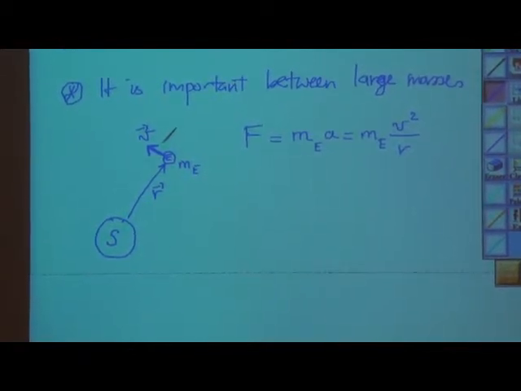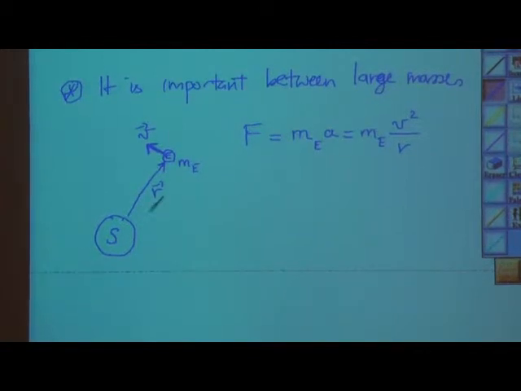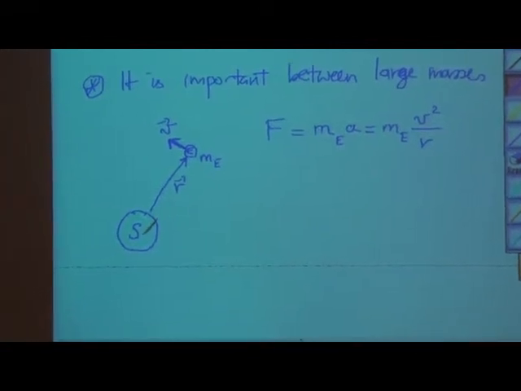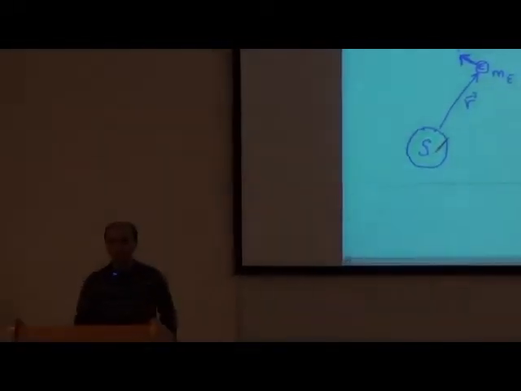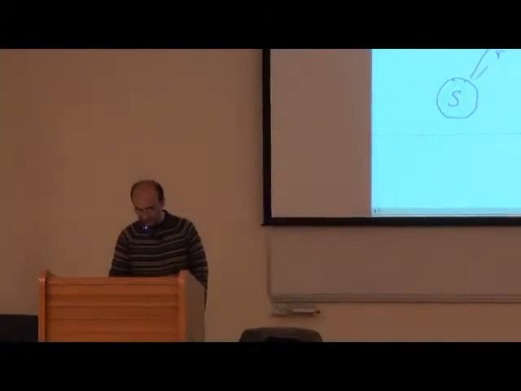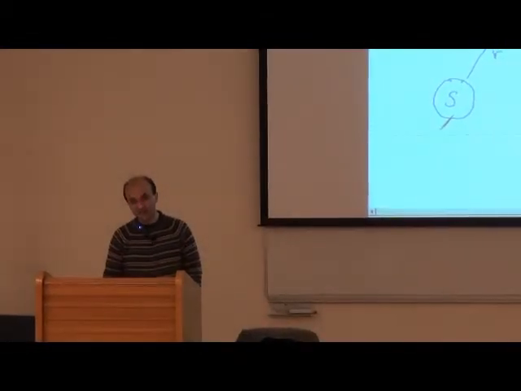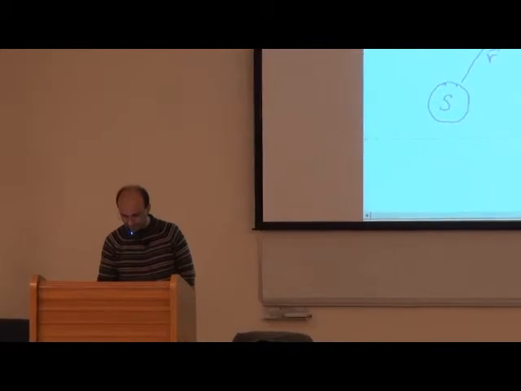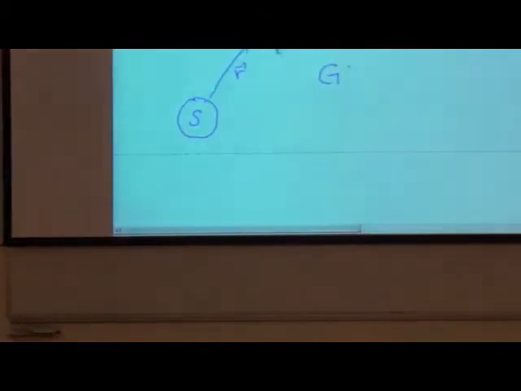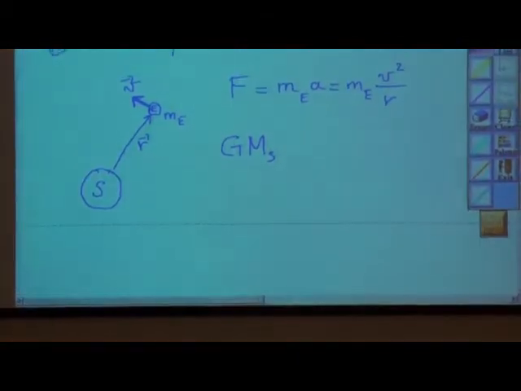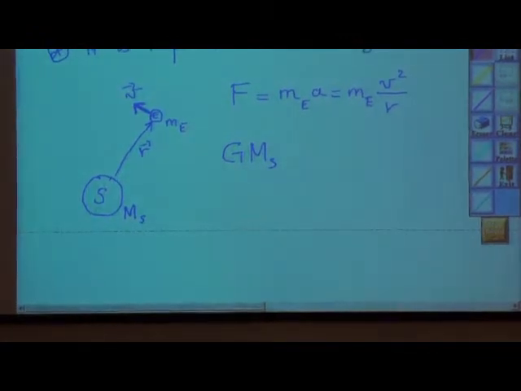Now, we remember what we put aside, the gravitational force. We know that there is the gravitational attraction between them. Let's call it, this is M sun.